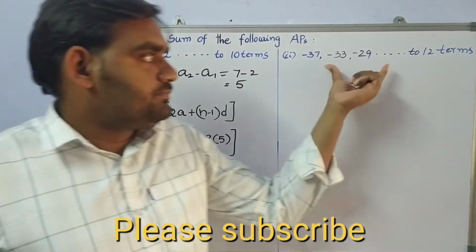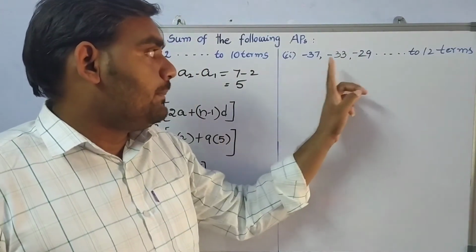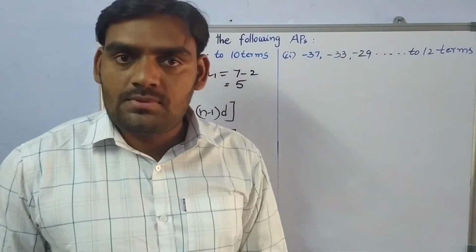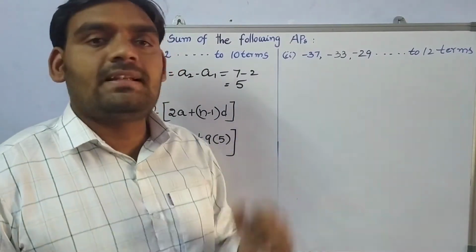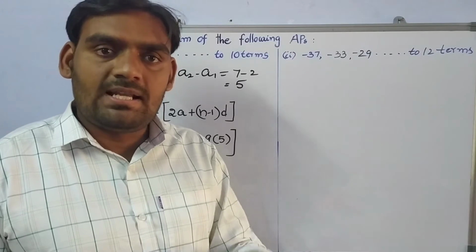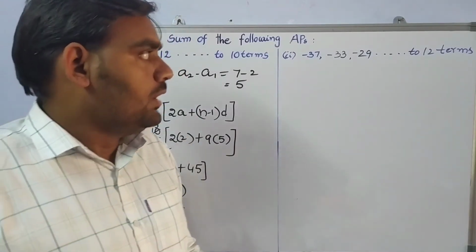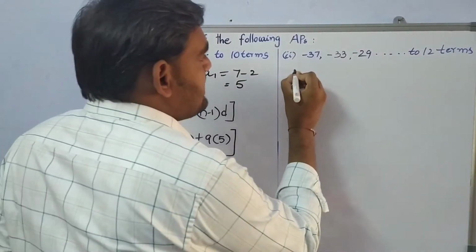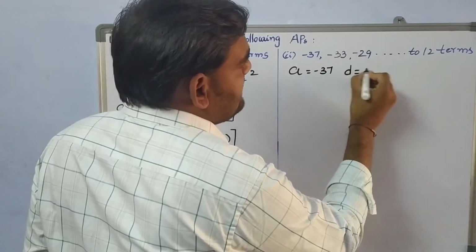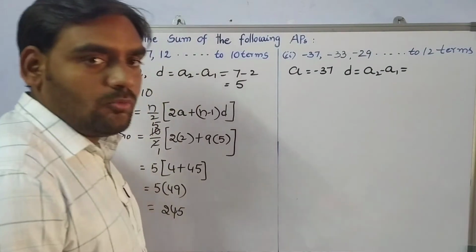Next, coming to the second arithmetic progression, that is minus 37, minus 33, minus 29 and so on, 12 terms. So here a is minus 37 and the common difference d, we can find a2 minus a1, or else a3 minus a2, or else a4 minus a3. Next, common difference d is equal to a2 minus a1.